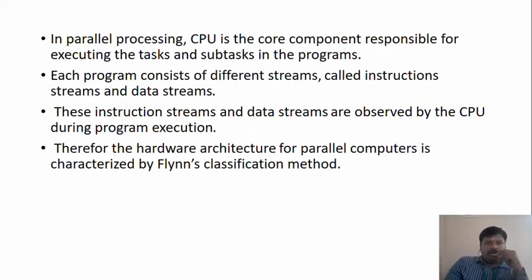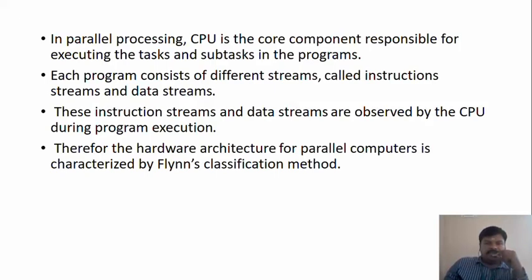In parallel processing, the CPU, the processor, is the most important component. Why do we say the processor unit is important? Because it has the main role, or responsibility, for executing a task. A program has a main task and subtasks, so the program consists of different streams.